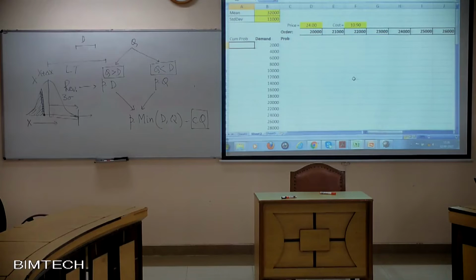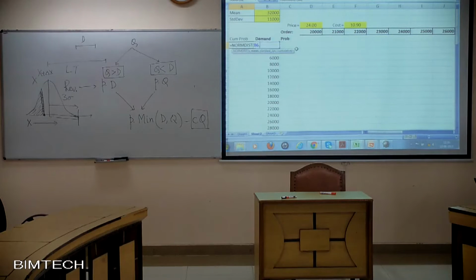Now I come to the cumulative probability column. There is an inbuilt function in Excel which gives me the cumulative probability, which is called NORMDIST. So as you can see here, this is NORMDIST. So I choose this. My first argument for NORMDIST is the value of X, which is here.